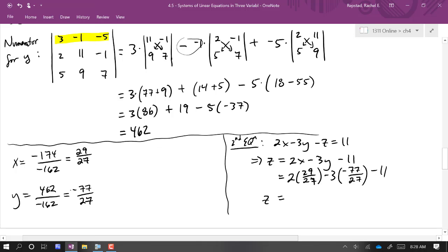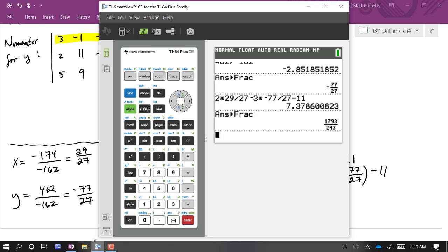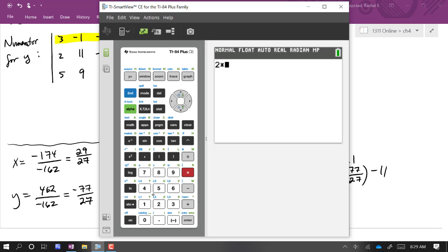Hold on. So let me try that again. 2 times 29 over 27 minus 3 times negative 77 over 27 minus 11.